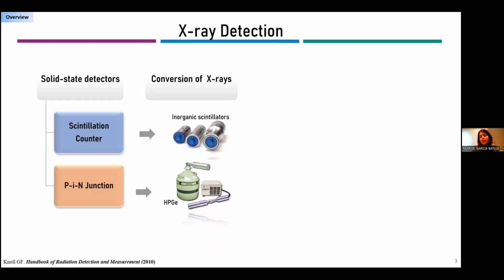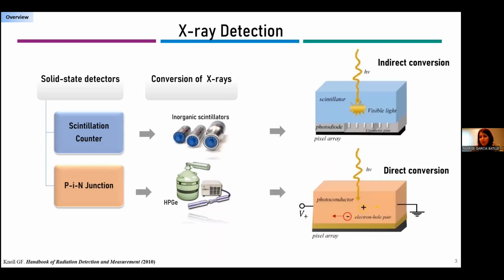Basically, the standard ones are the inorganic scintillators, which use the indirect conversion process. In this process, the X-ray comes to the material and is first converted to visible light, and then the visible light is converted into an electrical signal.